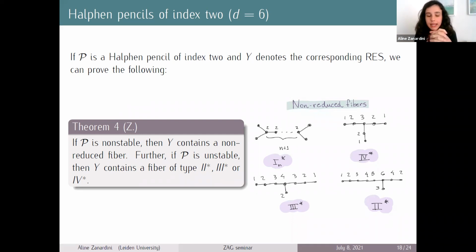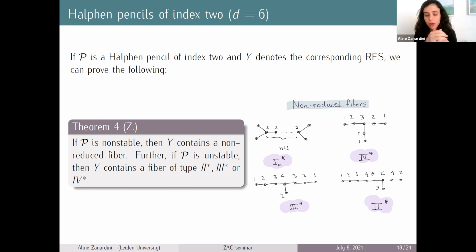We can show that if the pencil is non-stable, then the elliptic surface Y has to contain a non-reduced fiber. And moreover, if the pencil is actually unstable, then we exclude the possibility of I_n star. So then Y contains a fiber of type II star, III star, or IV star.